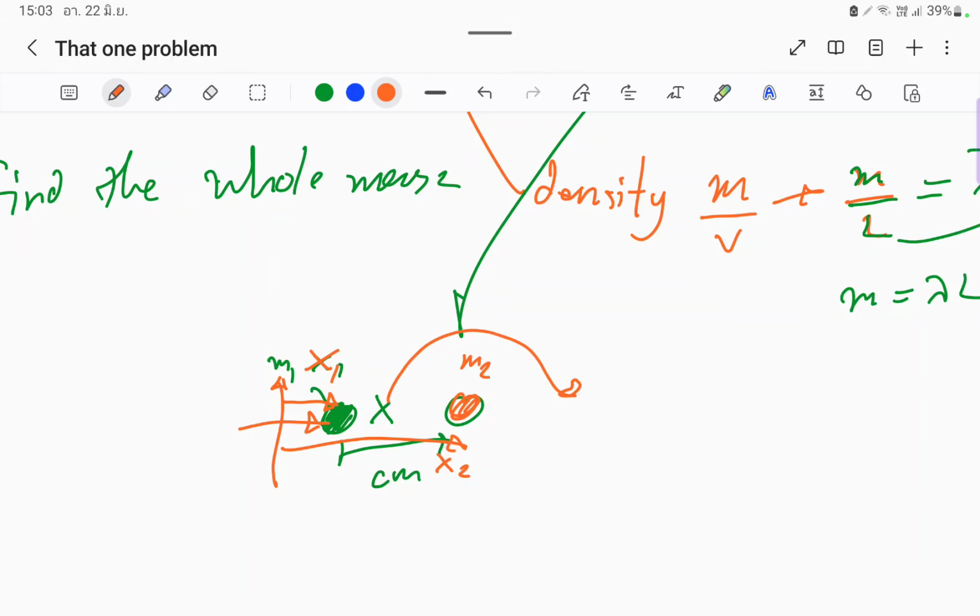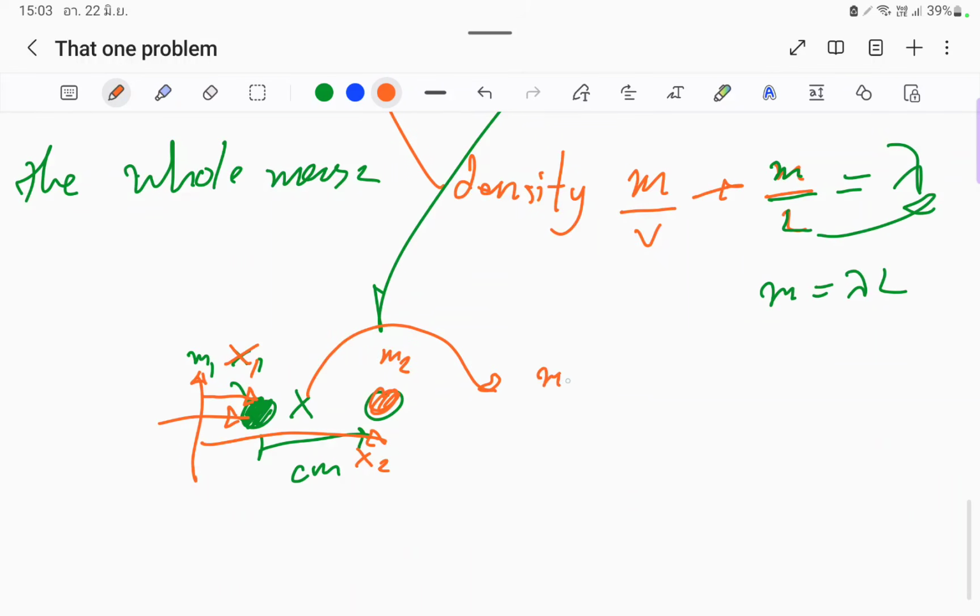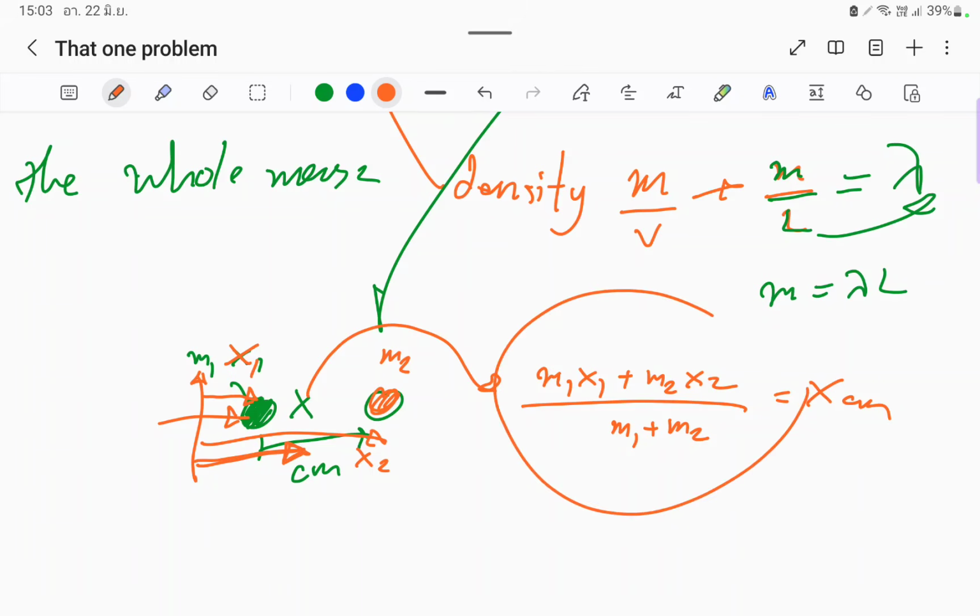To find the center of mass, you use this formula: m1 x1 plus m2 x2, divided by the whole mass, which is m1 plus m2, and then boom, you get x_CM, which is going to be something like this arrow. You get the length of this arrow if you use this formula.